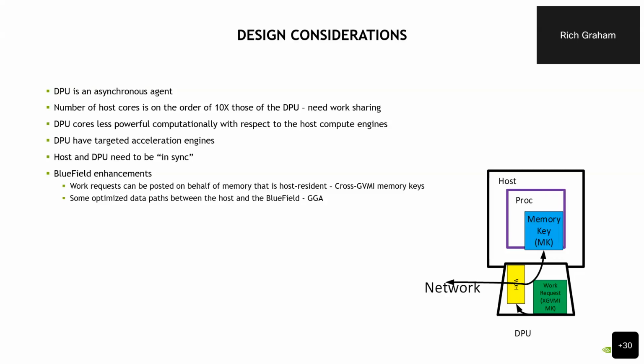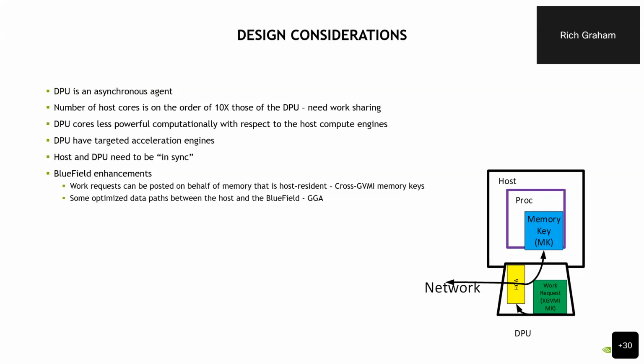Another thing to take into account is that the BlueField-2 cores are intended for accelerating certain workflows. They're not a general purpose server. They're not your strong server cores. They're not intended to be a strong compute server.